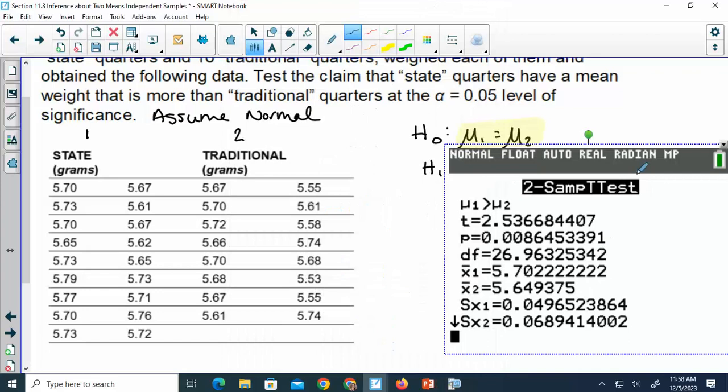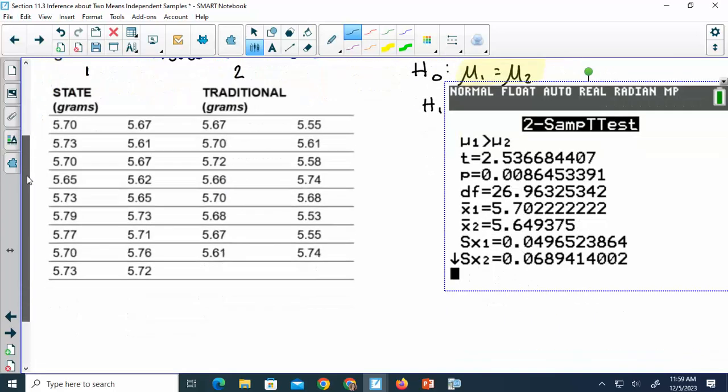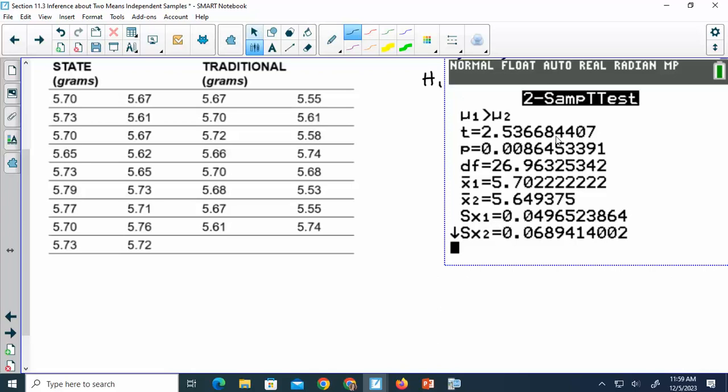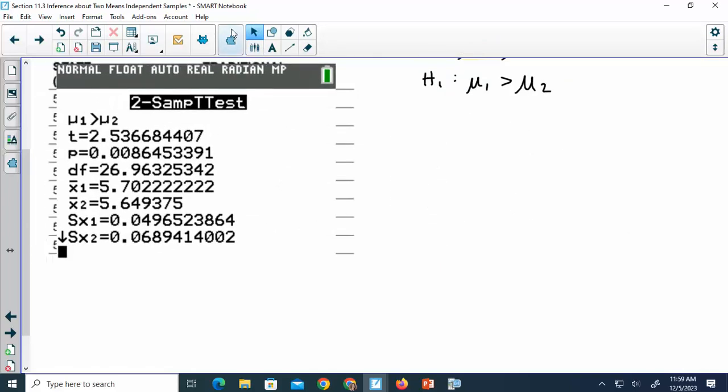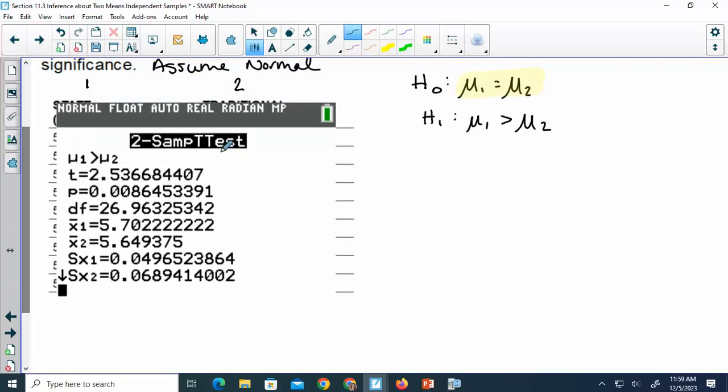All right, so it gives us a lot of information. We've seen some of this before: the mean of the first, mean of the second, standard deviation of each. But what's really important, if I were asking you to show me work on this, I usually have you write down the t and the p value at this point. T is 2.537, that's pretty close to what we calculated by hand. The p is 0.0086.